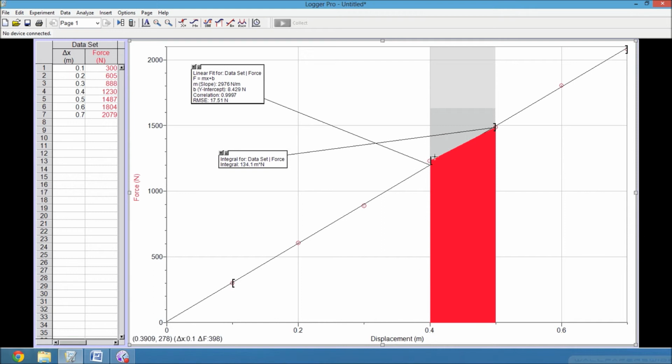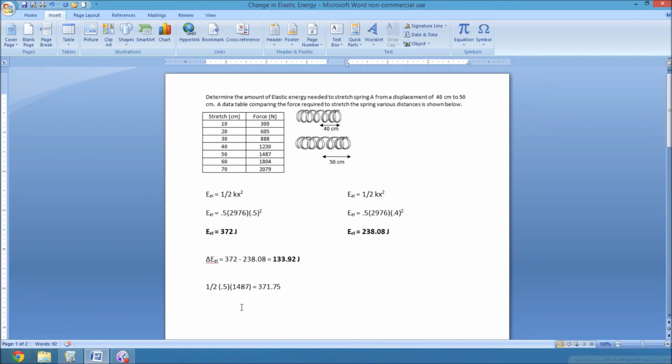That's 0.4 times 1230 times 1/2. So 1/2 times 0.4 times 1230. So 0.4 times 0.5 times 1230 gives me 246.